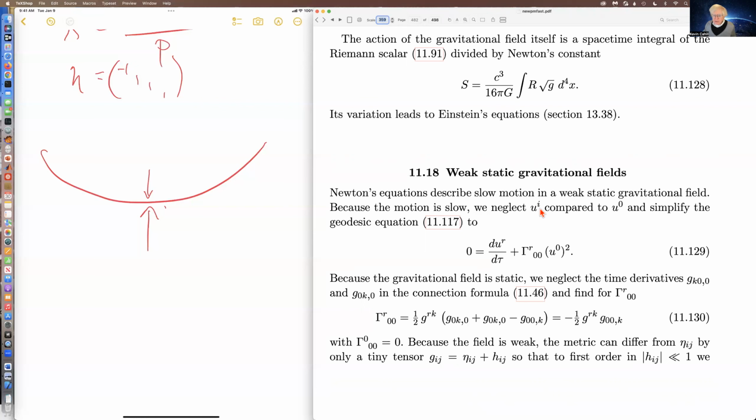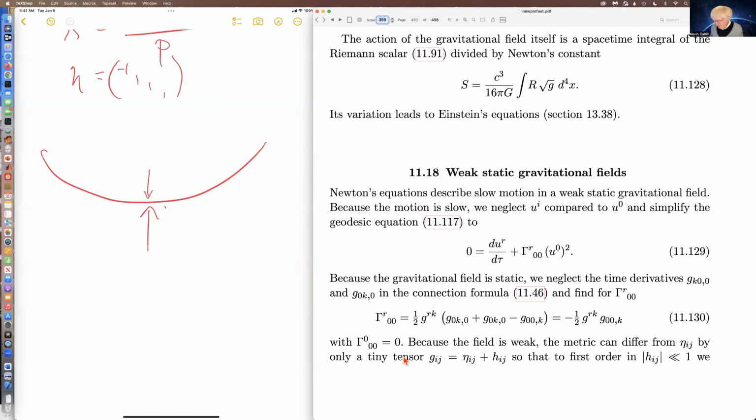And then you also write the formula for the affine connection, but you also drop the time derivatives of the metric in the formula for the Christoffel symbol.